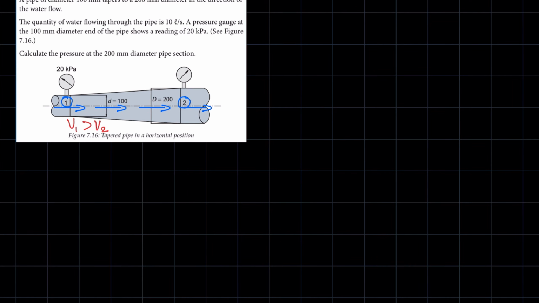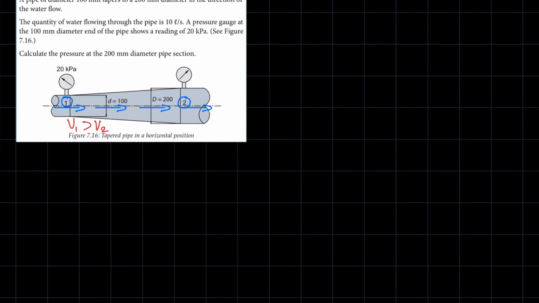Now mathematically we can explain that using dynamics, by looking at whether the water is accelerating or decelerating. As we've established that V1 is greater than V2, it means that the water within the horizontal tapered pipe is decelerating.